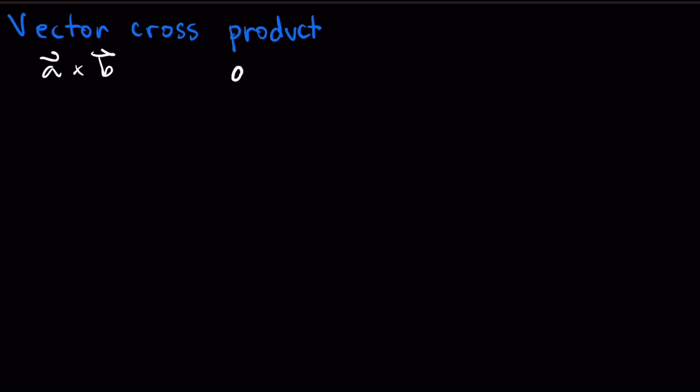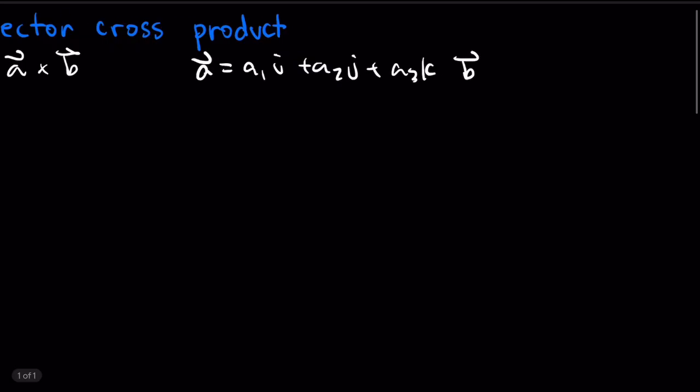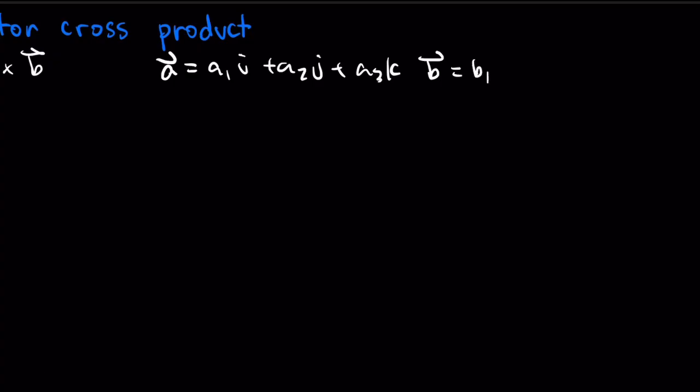Well, the process isn't so simple, but first, let's define vector A and vector B. Let's say vector A is a1i plus a2j plus a3k, and let's do the same for vector B. The reason I'm doing it in component vector form is it's going to help us in the next step. So b3k.